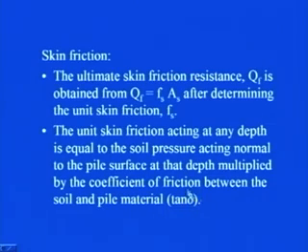If delta is the angle of friction between the soil and pile material, then this coefficient of friction will be equal to tan delta. So, you simply multiply this by the stress or the soil pressure which is acting normal to the pile surface at that particular depth, and you will get this unit skin friction. Let us try to see how we can do that in mathematical form.